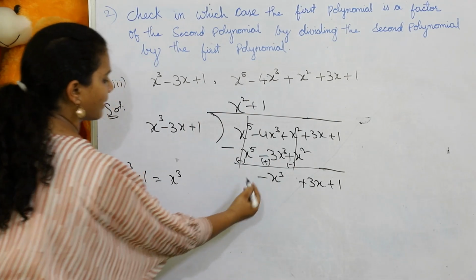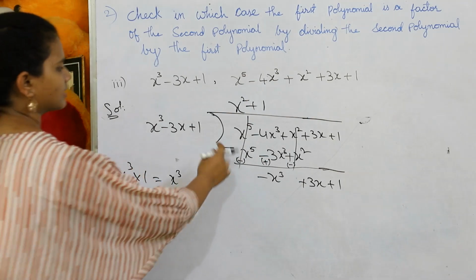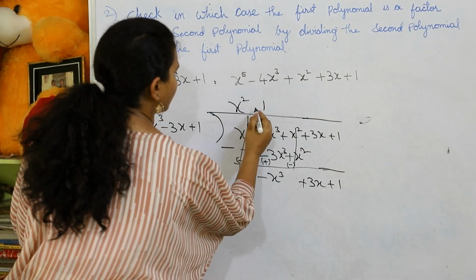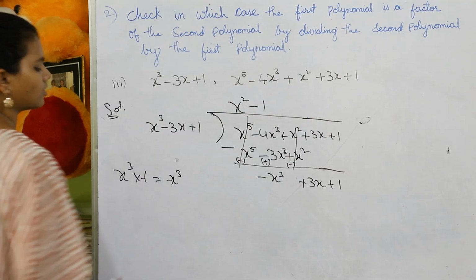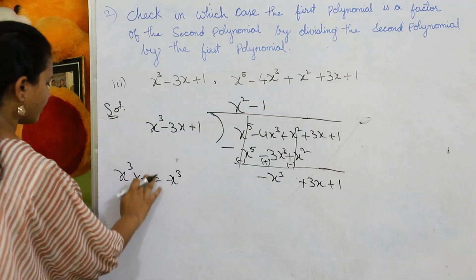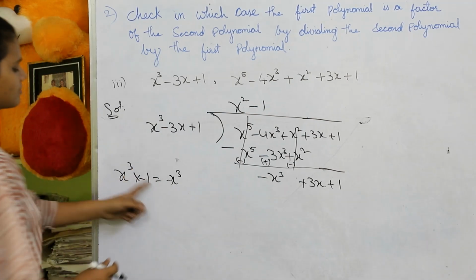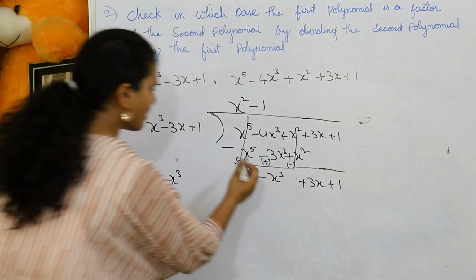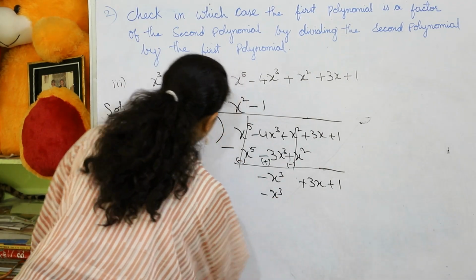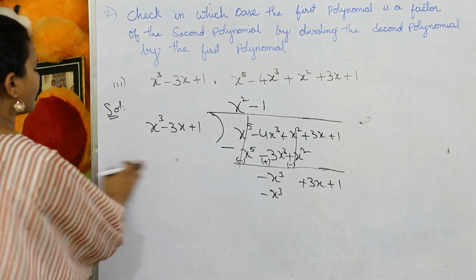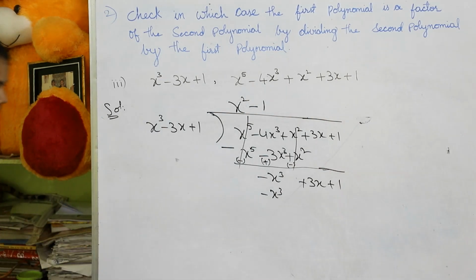But here I have minus, so I need minus x cube. So if I add minus 1 over here, this becomes minus x cube. So that's what I have written. Minus 1 over there, so this becomes minus x cube. Clear? Minus 1 into x cube, minus x cube.